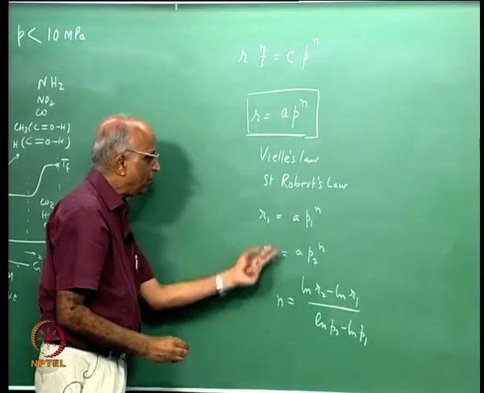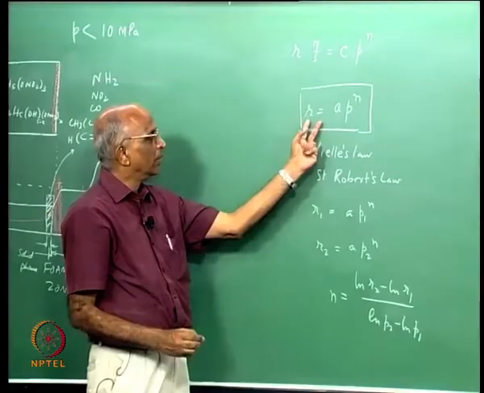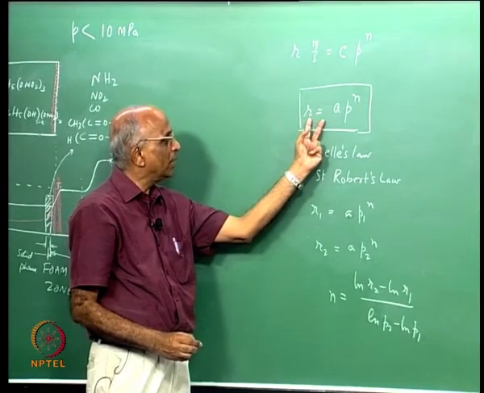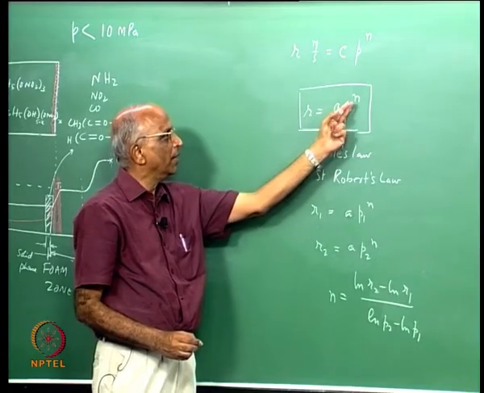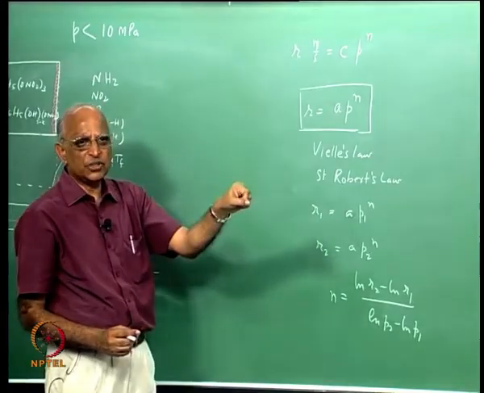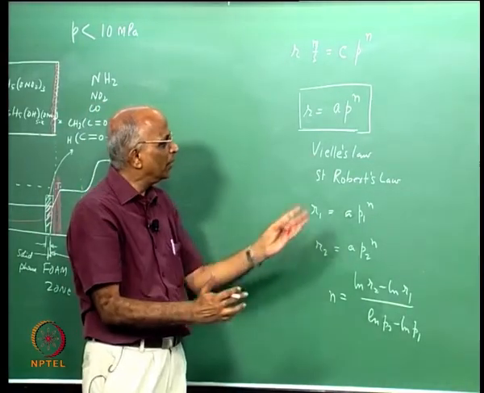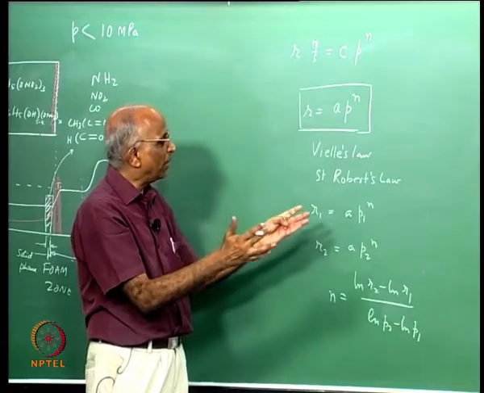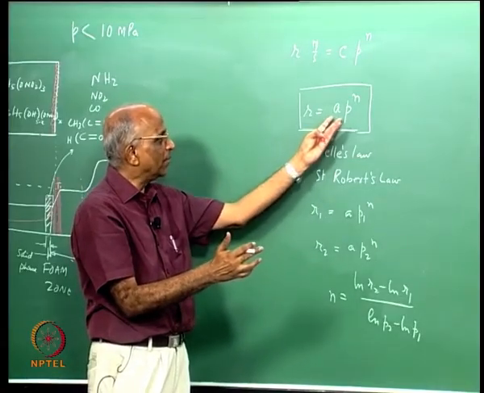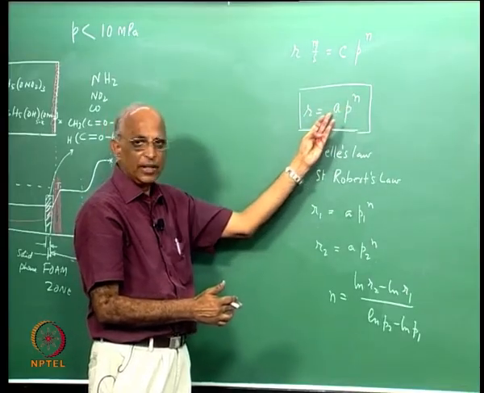Once I get the value of n, I can go and determine the value of a, and this is how we get the burn rate law as r equals a P^n. Just like a sparkler experiment, maybe at an ambient pressure I put it in a vessel and do the experiment. I measure the time taken to regress a particular distance, measure the burn rate, then determine the value of n and a.